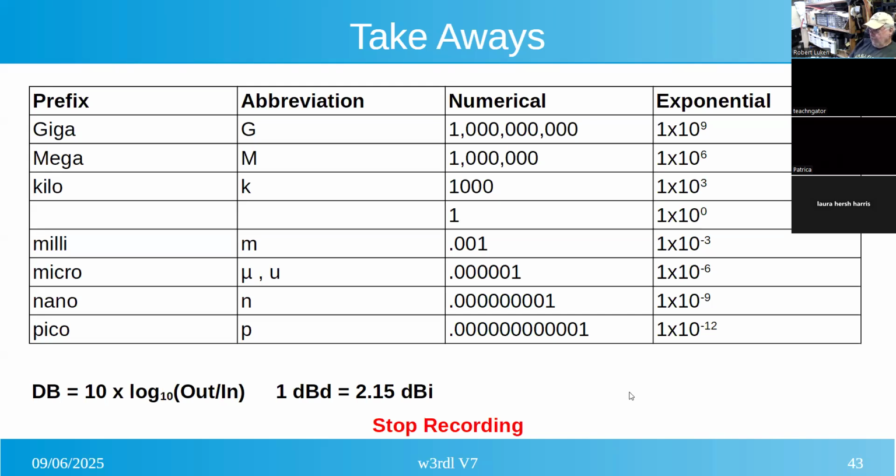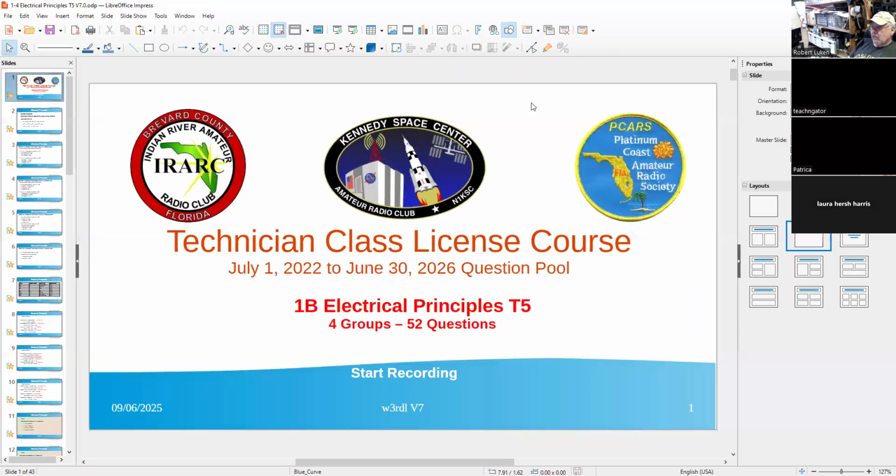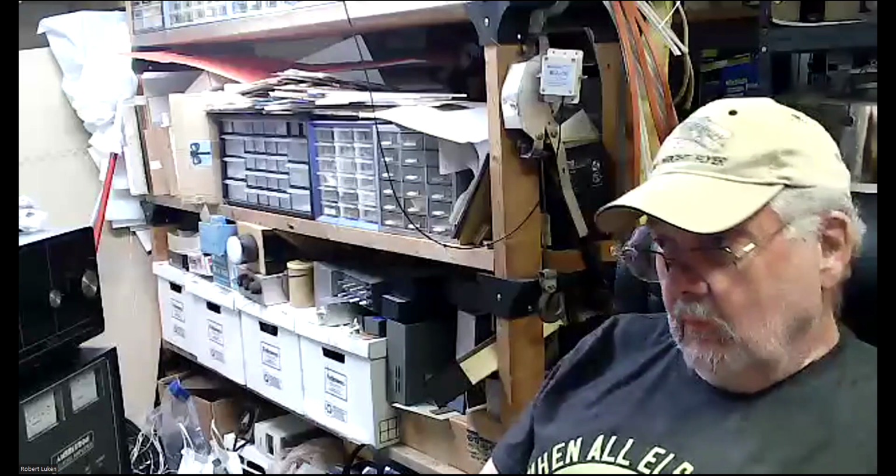So that's all there is for that one. There'll be one question out of that group. You might get a dB or you might get one of the other conversions. They're not hard. You just have to memorize it. It's all not hard if you know it.